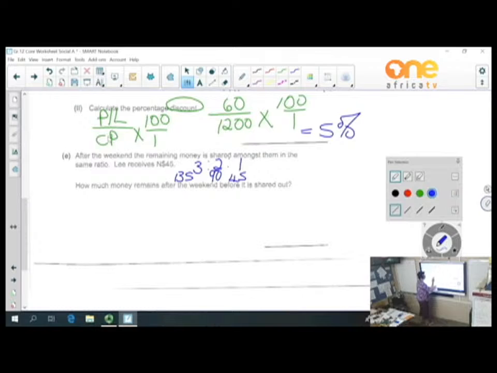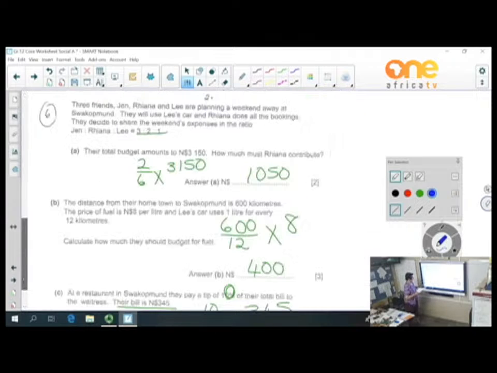So now we can add it and subtract it from the original that you have there, and my answer here is 270. That's what remains. Right, let's go to the next page.